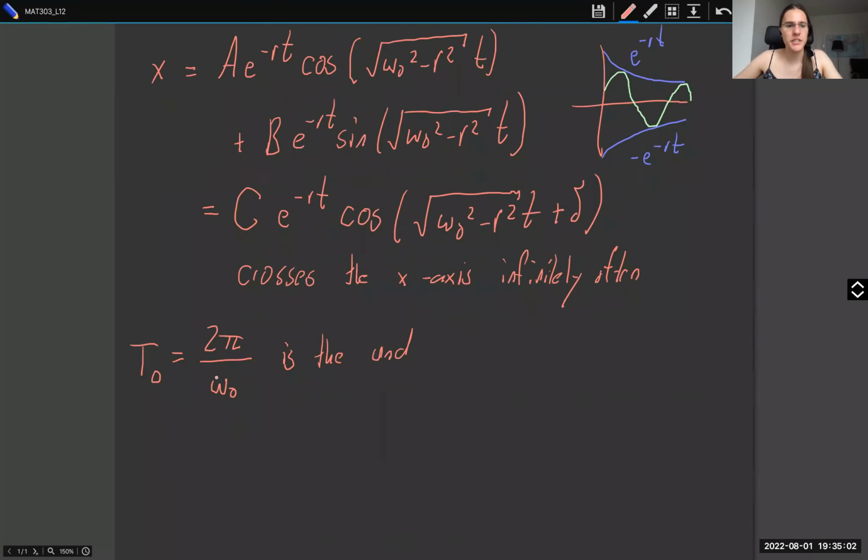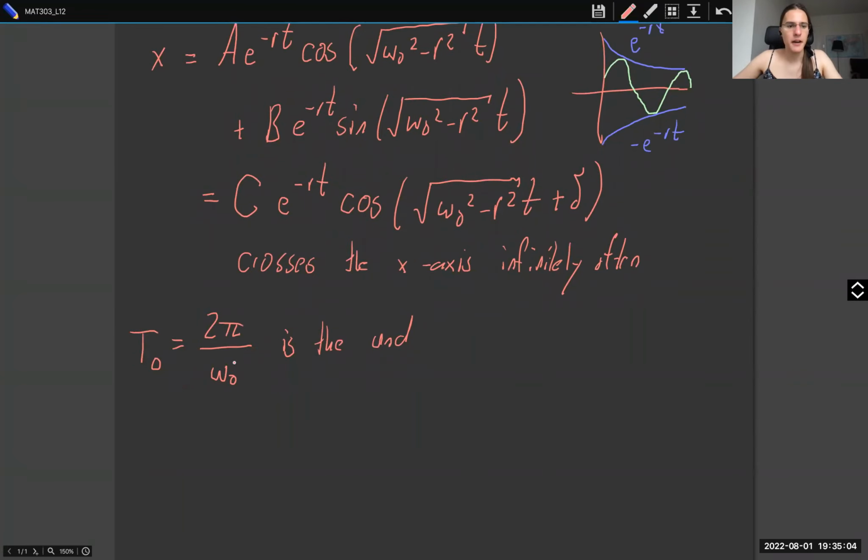So T naught, which is 2 pi over omega naught, is going to be the undamped period, or natural period.